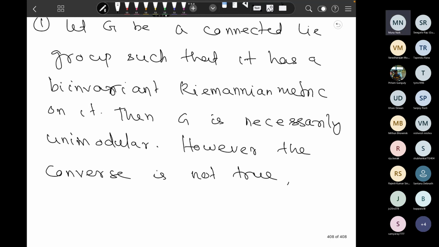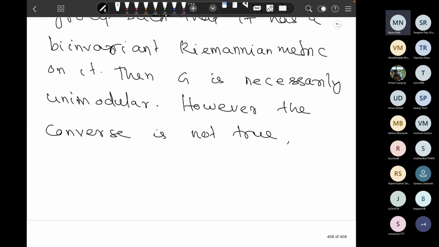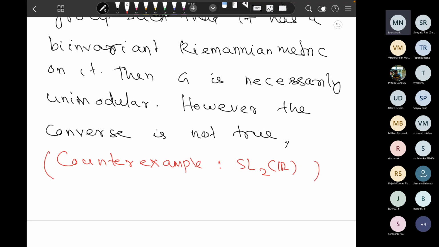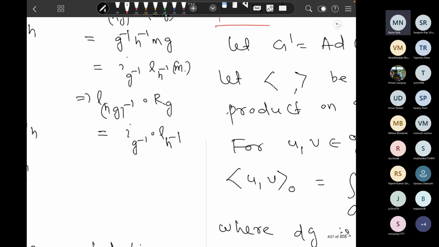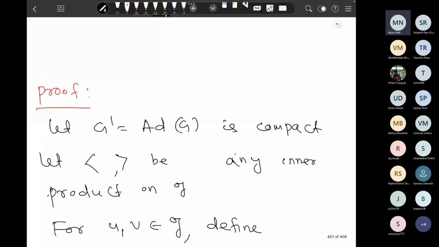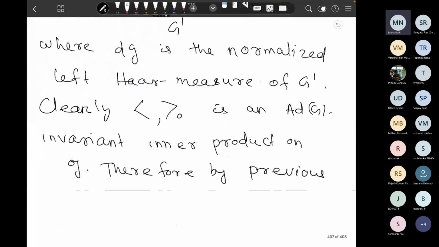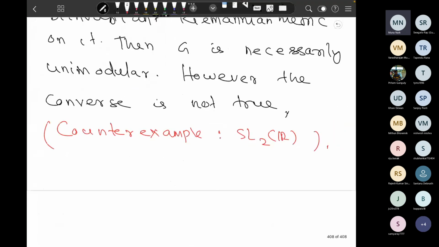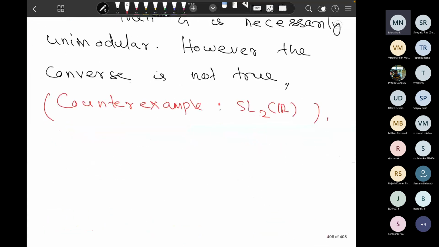If you look at the modular function, we have proved that if this Lie algebra has an RG invariant inner product, then it has a bi-invariant Riemannian metric. So RG is coming in somewhere.